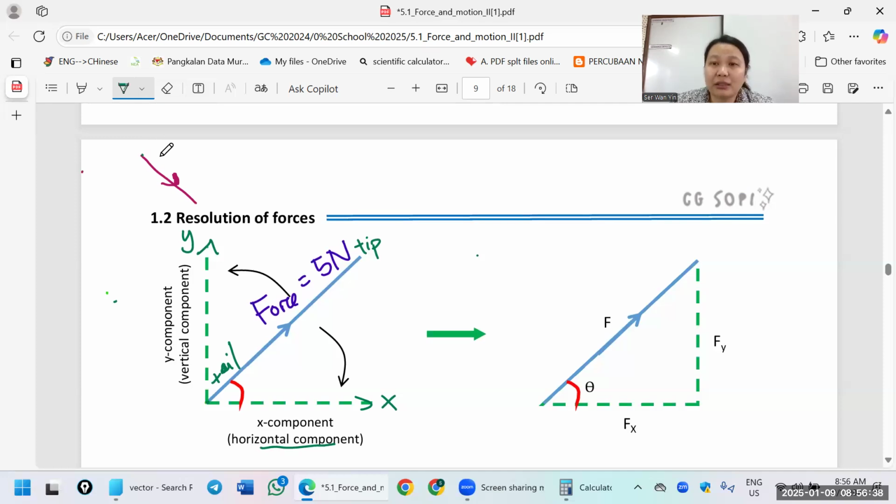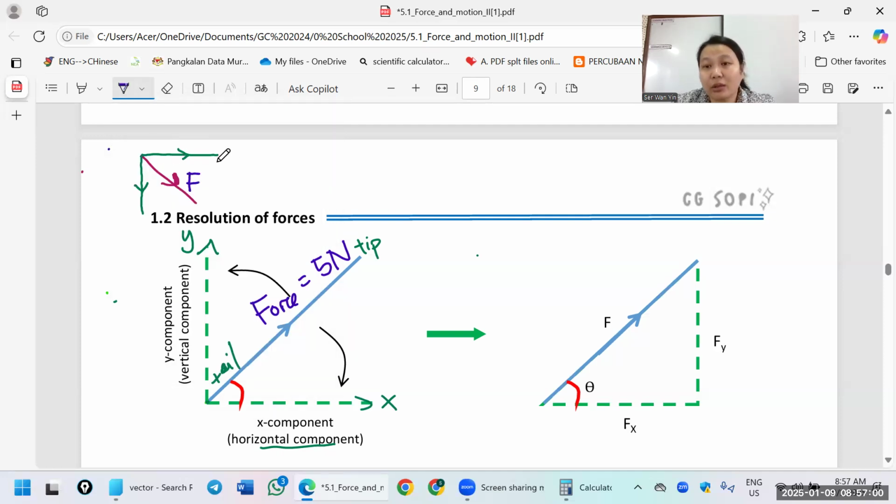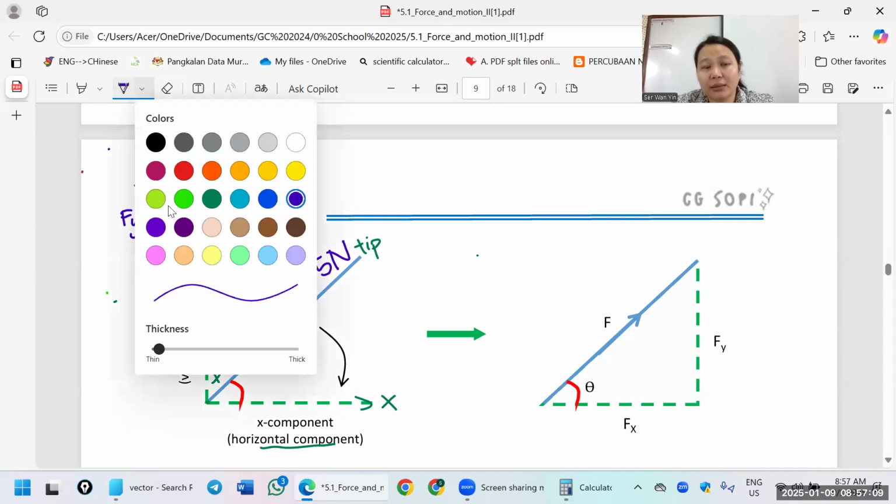Then just draw two lines perpendicular to each other, which is the y component down and the x component horizontal, like this. So let's say this force we call F. Now we can call the components Fx and Fy. So the arrow always follows the original, all right?